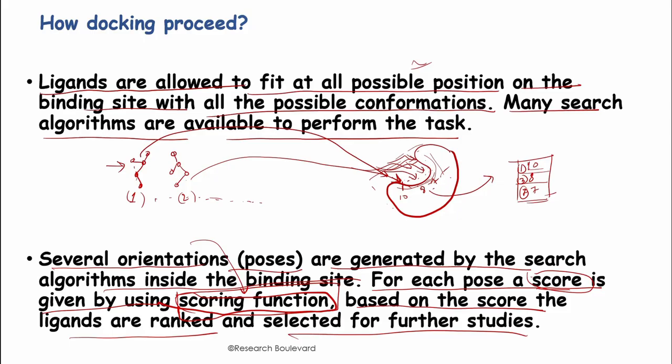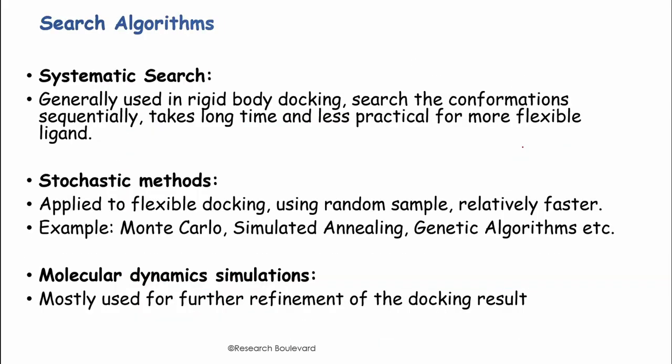The stochastic method is applied to flexible docking, uses random sampling, and is relatively faster. Some examples of these algorithms are Monte Carlo, simulated annealing, and genetic algorithms. These two will be used in our case.